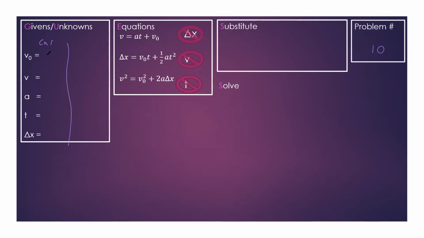It doesn't actually say it's 0, but that's what we're going to have to assume for this. This is just a poorly written question, I apologize. I don't know how I haven't fixed this yet. And it accelerates at 6 meters per second squared. We don't know time and we don't know delta x.